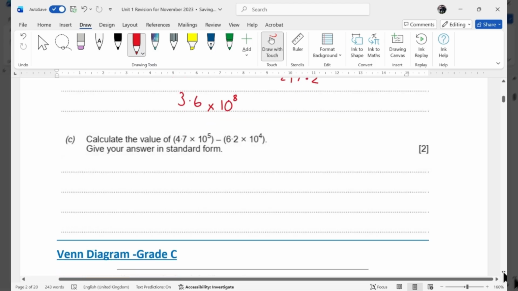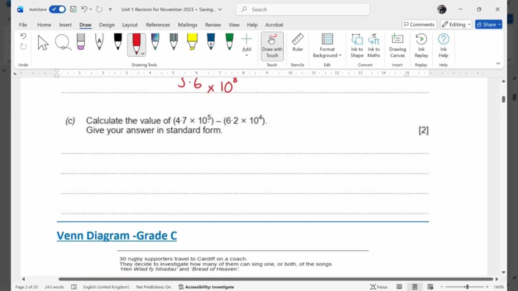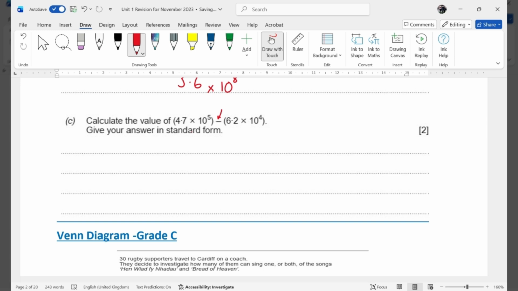However, if we're adding or taking away standard form, we need to do that as numbers. We need to times this by 10 once, twice, 3 times, 4 times, 5 times. And this other number times 10 is 62, times 10, times 10, times 10.